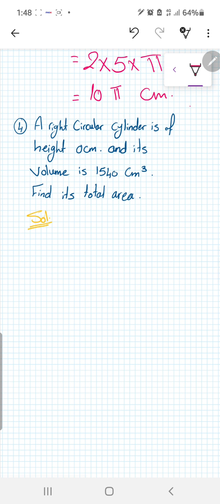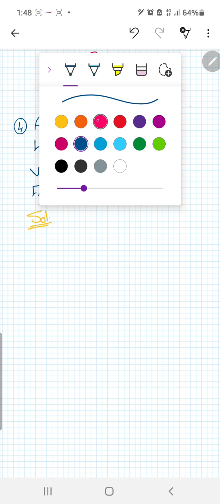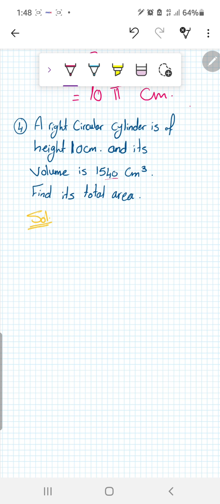Number 4, the right circular cylinder is of height 10 centimeter, and its volume is 1540 centimeter cubed. Find its total area.